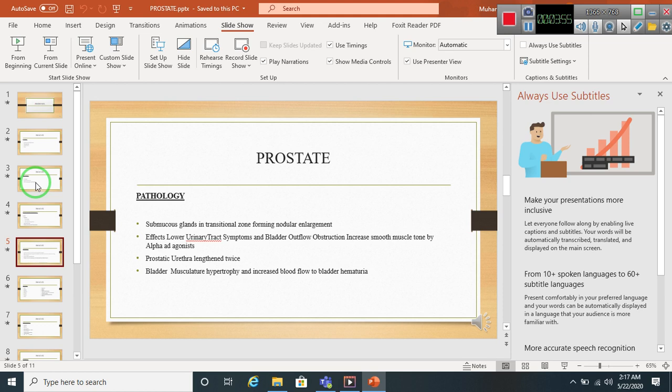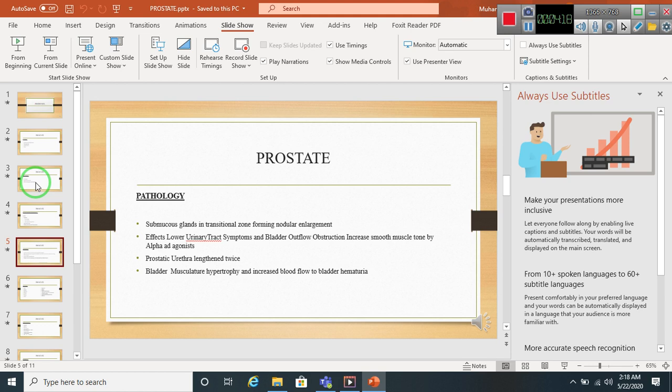We find the submucous glands in the transitional zone forming nodular enlargement. There is an enlarged nodule. They affect the prostate gland, and lower urinary tract symptoms and bladder outflow obstruction symptoms occur.